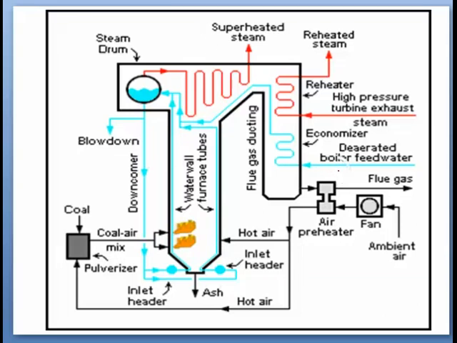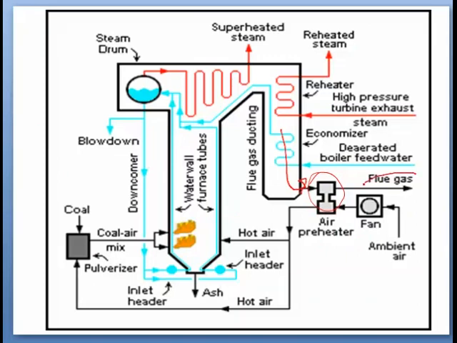So this is our air preheater. I will just increase the thickness of the marker so that it will be more clear. The air through this air preheater goes to the furnace, and the heating medium in the air preheater is the flue gas which is coming out from the furnace.